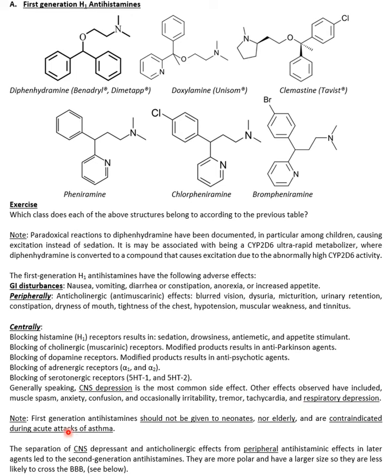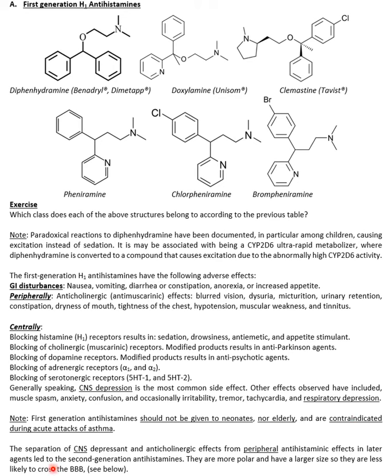However, this is an issue under discussion that we could talk about in class: how can first generation antihistamines be contraindicated during an acute asthma attack, while in fact histamine itself also causes bronchoconstriction? So you would think logically that an antihistamine should help avoid the bronchoconstriction. Just keep that in mind, think about it, and hopefully we'll talk about it in class and find an application for it.